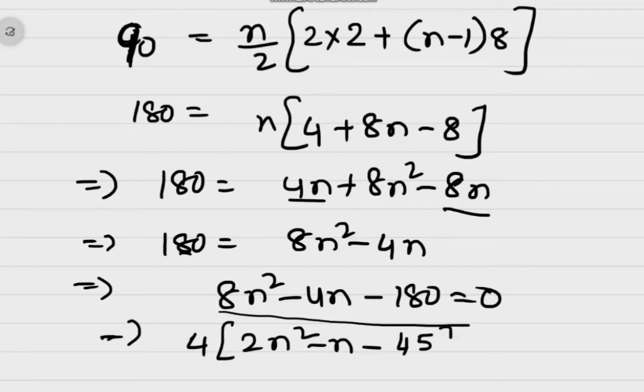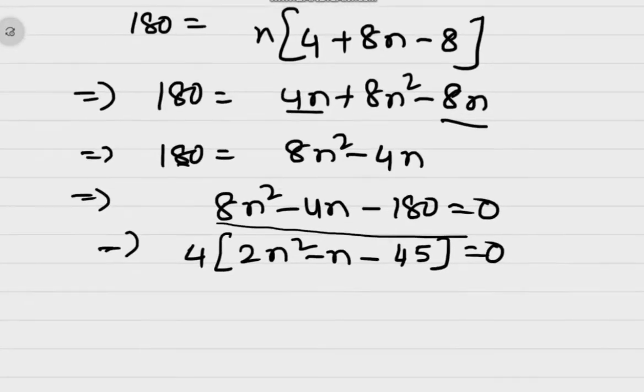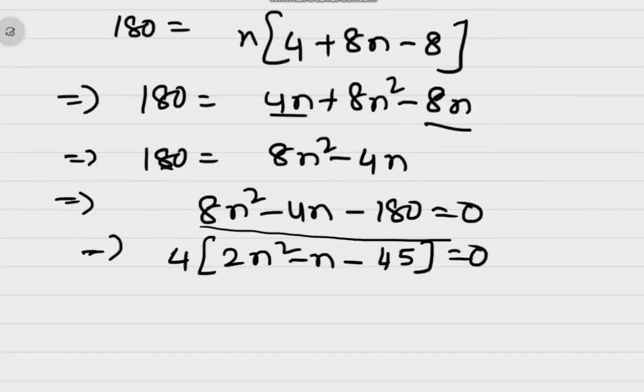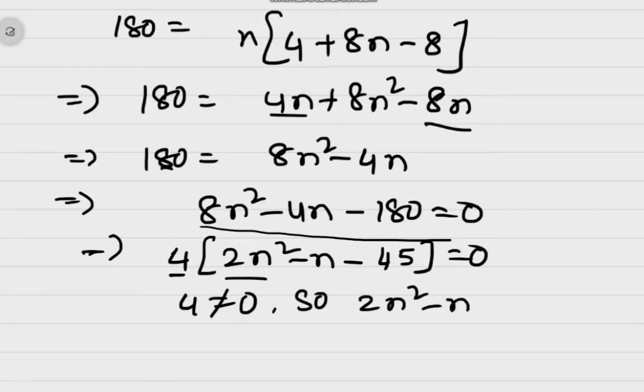So 4 5s are 20. So this is equal to 0. Now children, you better know that 4 can never be equal to 0. Because when you have a product, any one of them should be 0. So we can say that 2n square minus n minus 45 is equal to 0.